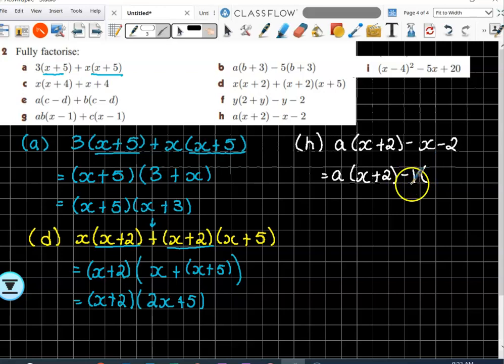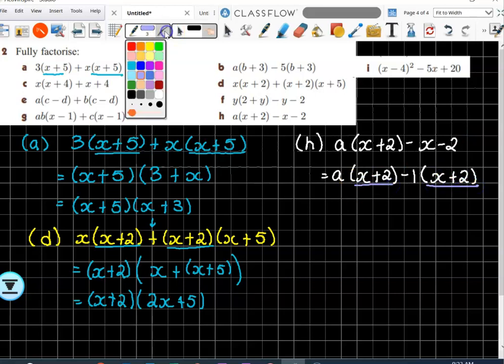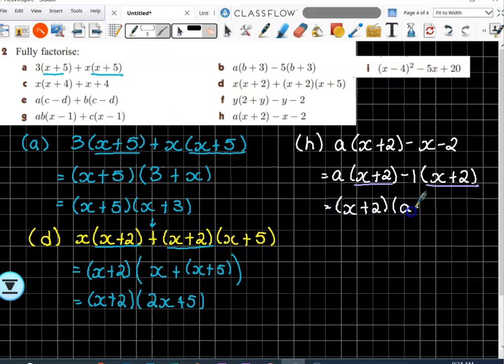So minus 1 times what gives me minus X? X. Minus 1 times what gives me minus 2? Plus 2. And lo and behold, we now have a common factor. So I'm going to pull that out. And then I'm left with X plus 2, take 1.